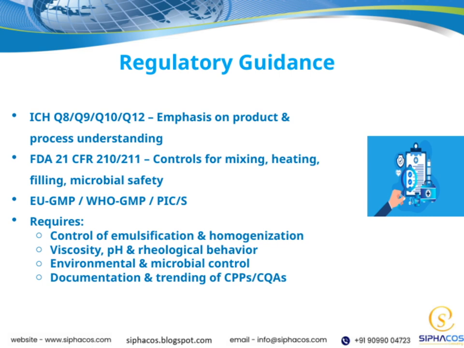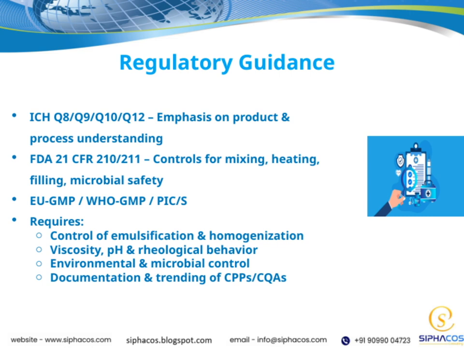We also need to monitor parameters like viscosity, pH, and rheological behavior to ensure the desired product quality. Environmental and microbial controls are equally important. They help prevent contamination and maintain a safe manufacturing environment. Proper documentation and trending of critical process parameters and critical quality attributes are crucial for continuous process understanding and improvement.